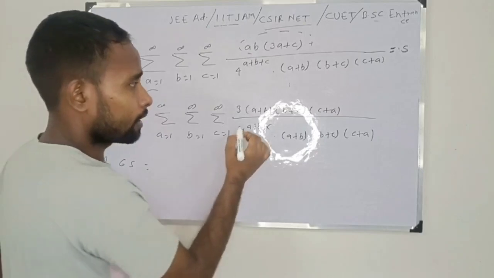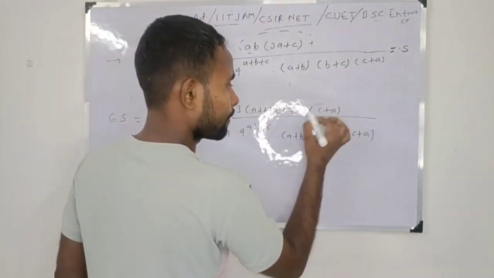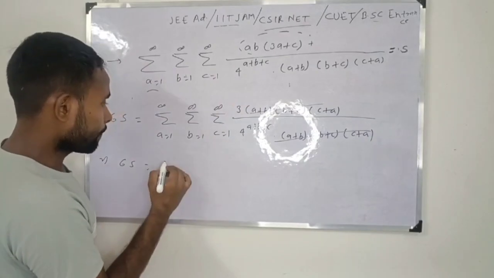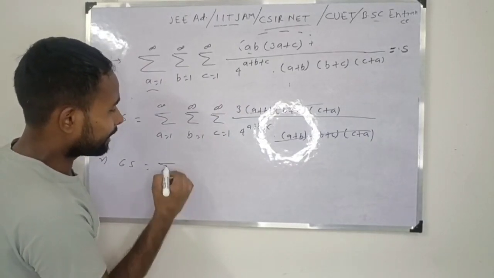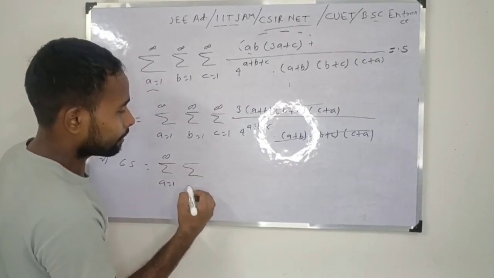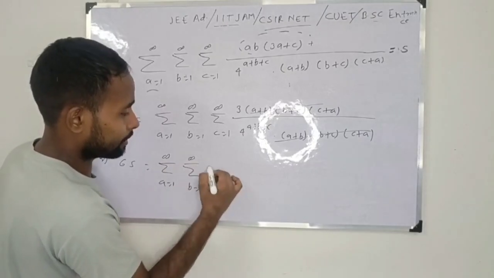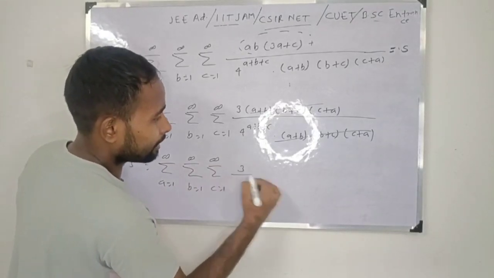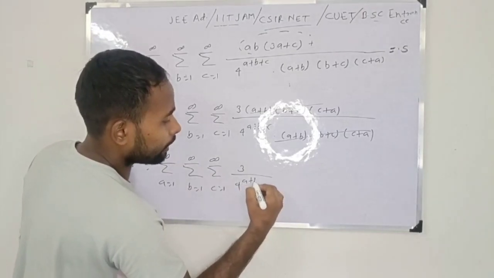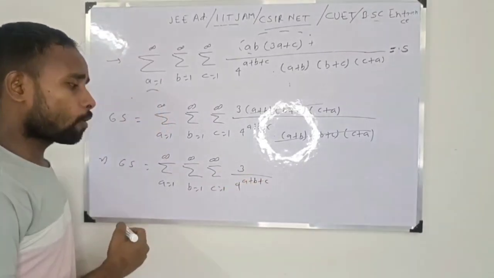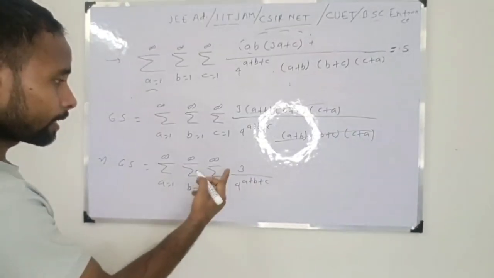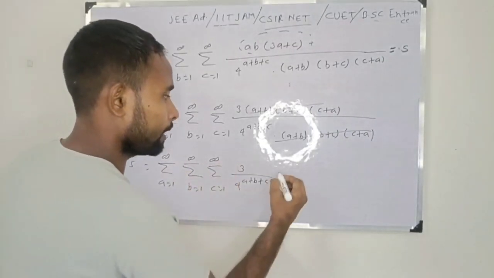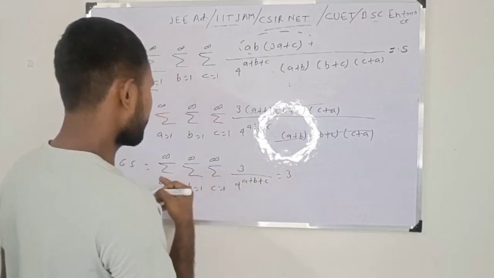Now if you see, this section will cancel each other, since there are the same upper and lower limits. Here it will look like 3 to the power 4^(A+B+C). Now I want to take out the sigma, so it will be 3 times sigma.